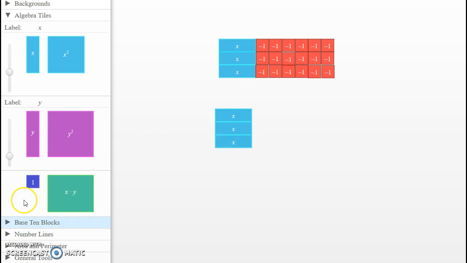Here's 3x. Is that the same as 3x minus 6? There's 1, 2, 3 negatives. All right, 6 negatives. So although they both have the 3x's, our individual numbers are short, so A is not appropriate.